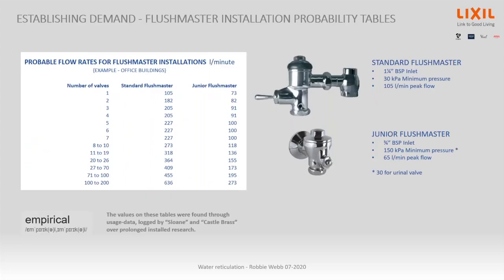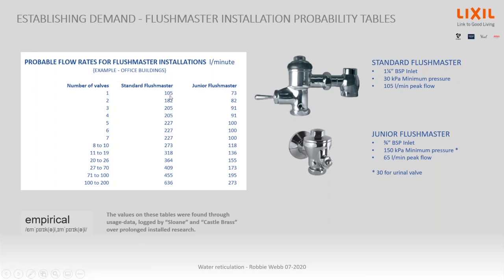Okay, then on the FLUSHMASTERs, we've got these probability tables. There's a whole file full of them, and they would take for each different type of building. So for an office building, for that many flush valves, you'd need that rate of flow on a one pipe system.